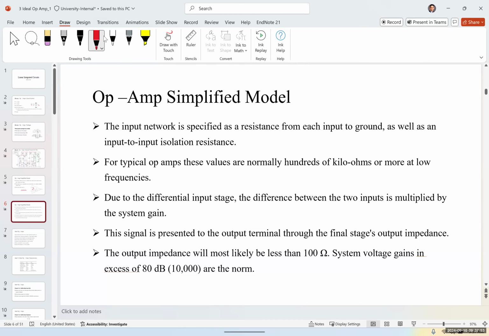As we learned previously, the input resistance for an op amp is pretty high, around 300 kilo ohms at lower frequencies.